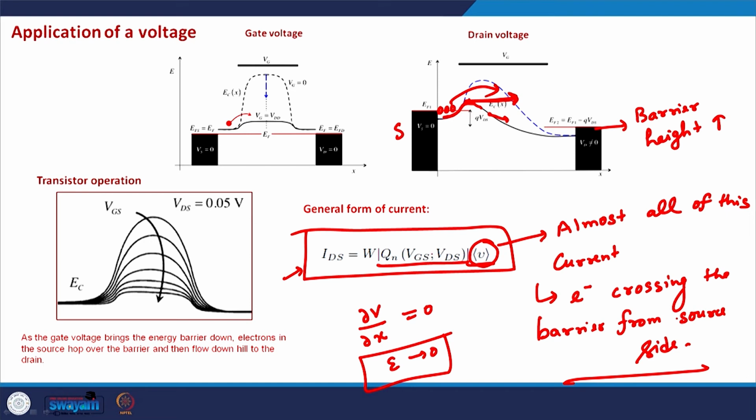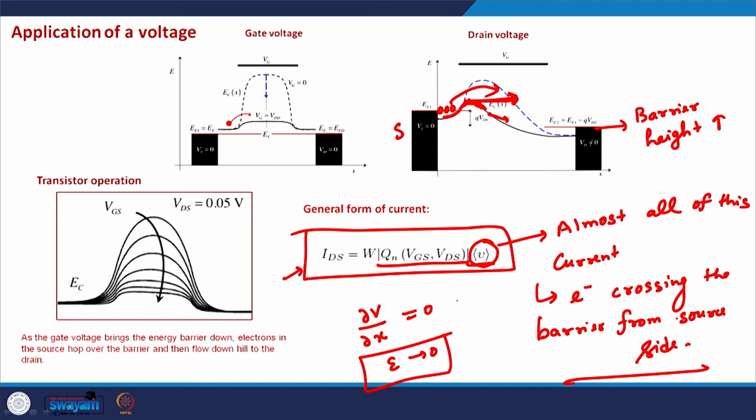In a way, the limiting factor in current is the velocity at the top of the barrier in the channel, because at all other points the velocity is almost always more than the velocity of electrons at the top of the barrier.